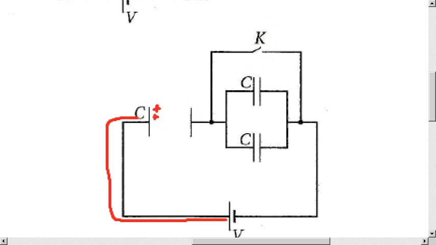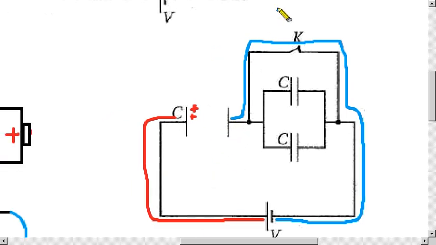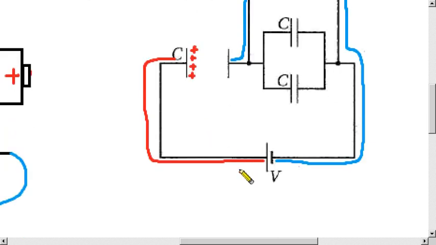Since this switch is closed, first they said that it is closed, so the switch is closed. Now no problem, the negative wire is connected like this through this switch to the right side plate of this first capacitor. So the positive voltage comes up to this place and it is charged positively.